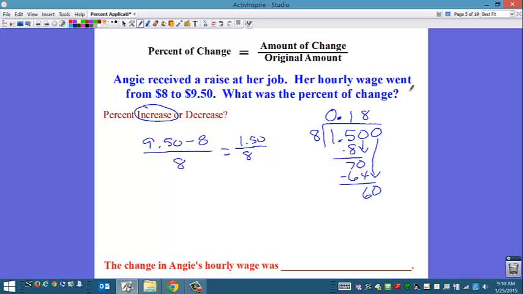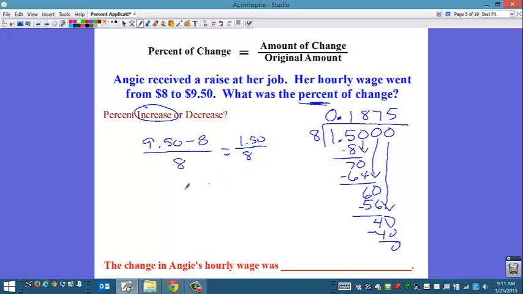So 8 goes into 60 7 times, which is 56. 4, so I'll bring down another 0, extend my line here, and 8 goes into 40 5 times. Now we have a 0 remainder. So we have this decimal number, 0.1875. Okay, but we're wanting our answer to be a percent.